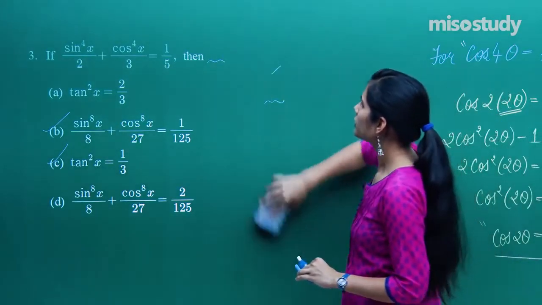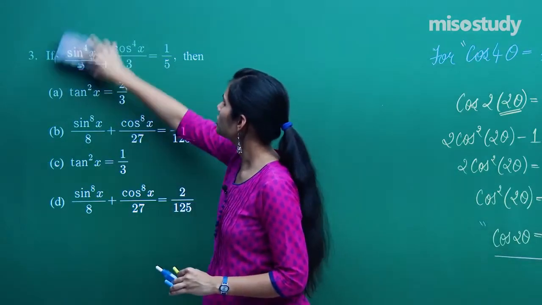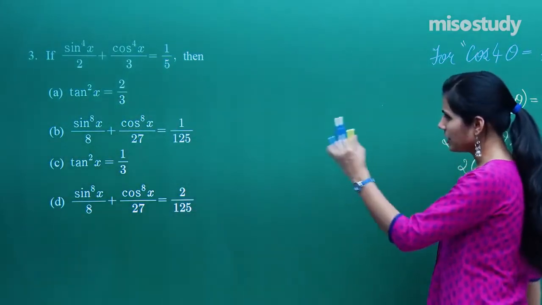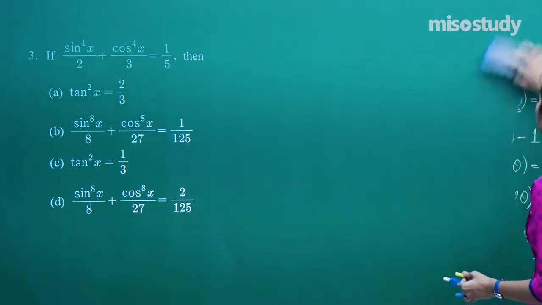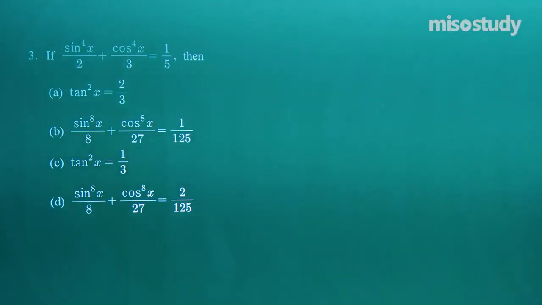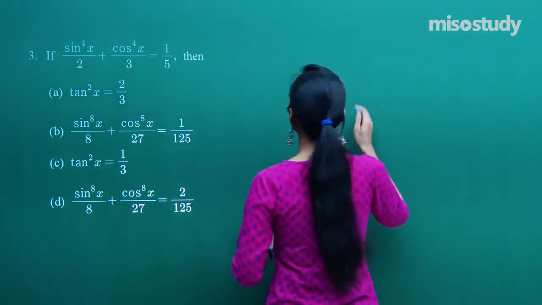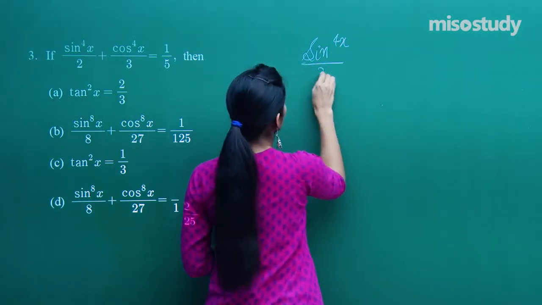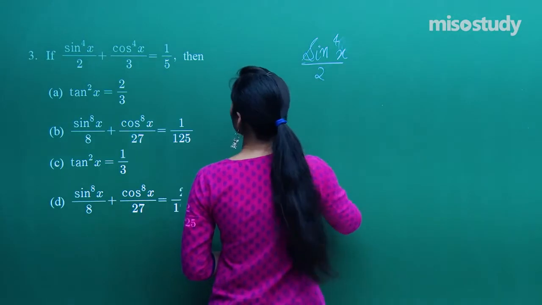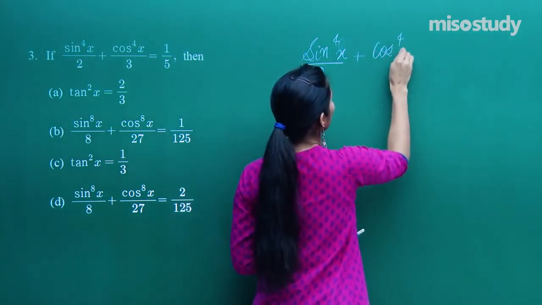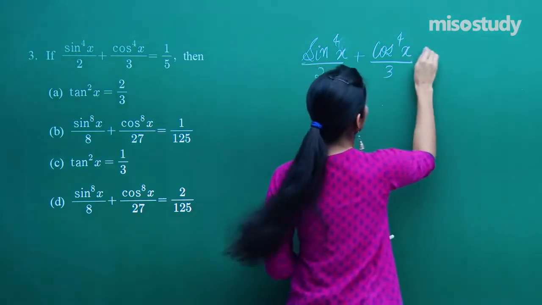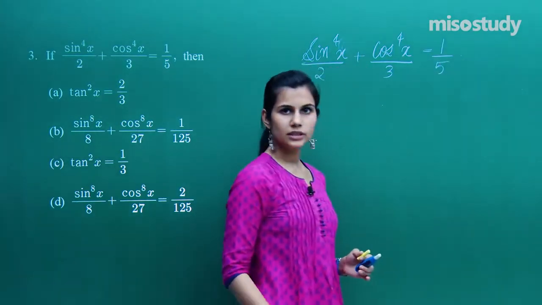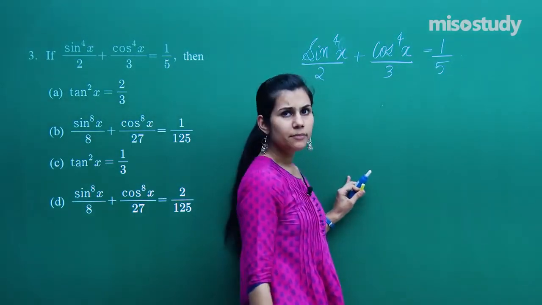Question number 3 says, if sine 4x by 2 plus cos 4x by 3, so this expression is given to us, is equal to 1 by 5. Then they are asking for the values to be computed. Now, just take the LCM and cross multiply.